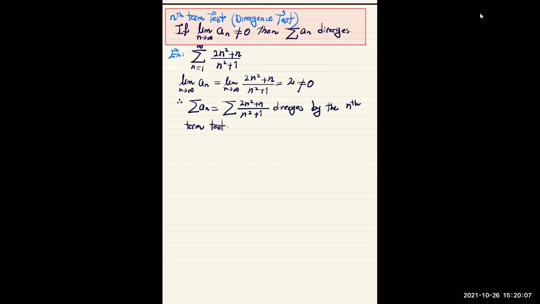He got 10%, because he answered one of them correctly, and that was the divergent one. For that series the limit didn't go to 0, so he said divergent, but for the rest of them the limit is 0, therefore it's convergent, and that is false. So that's why I say you have to be really careful when you use this test. This test doesn't apply if the limit of a sub n goes to 0.